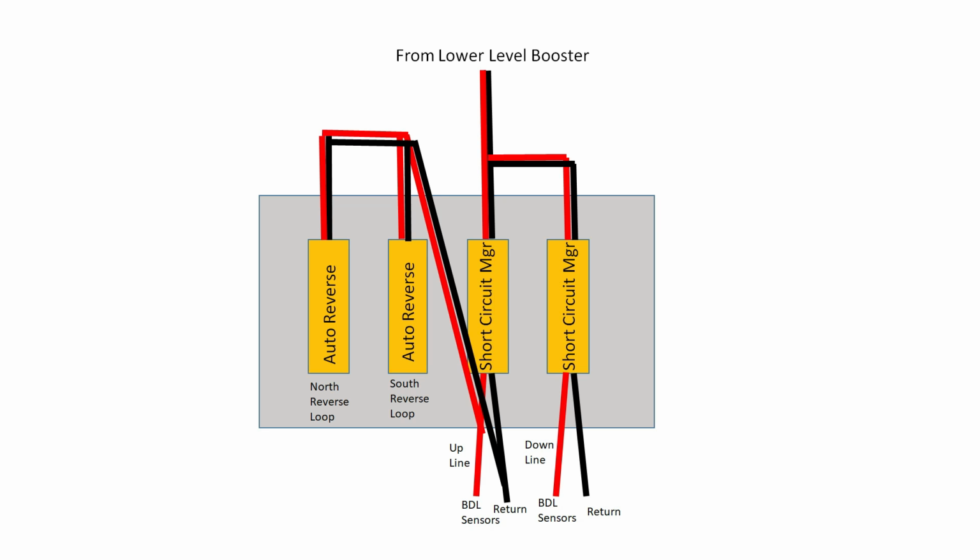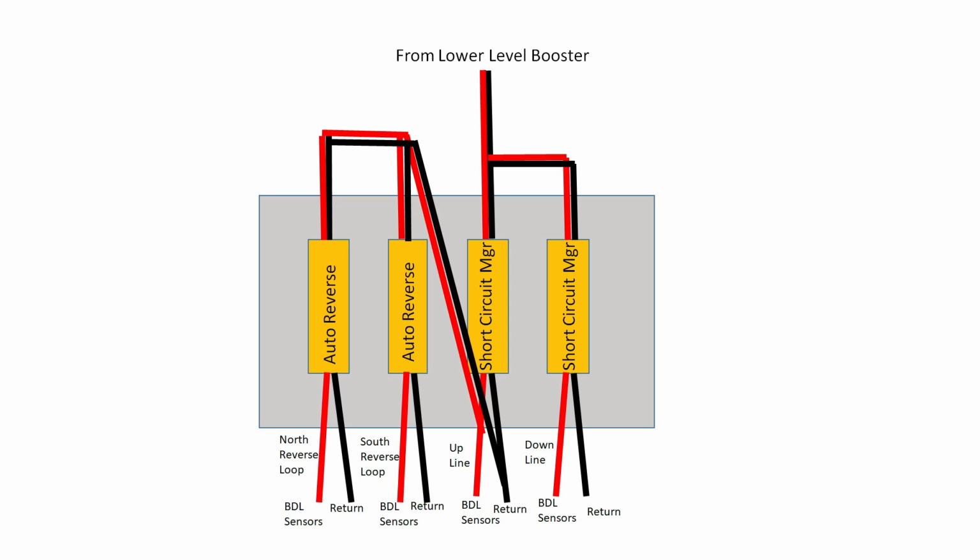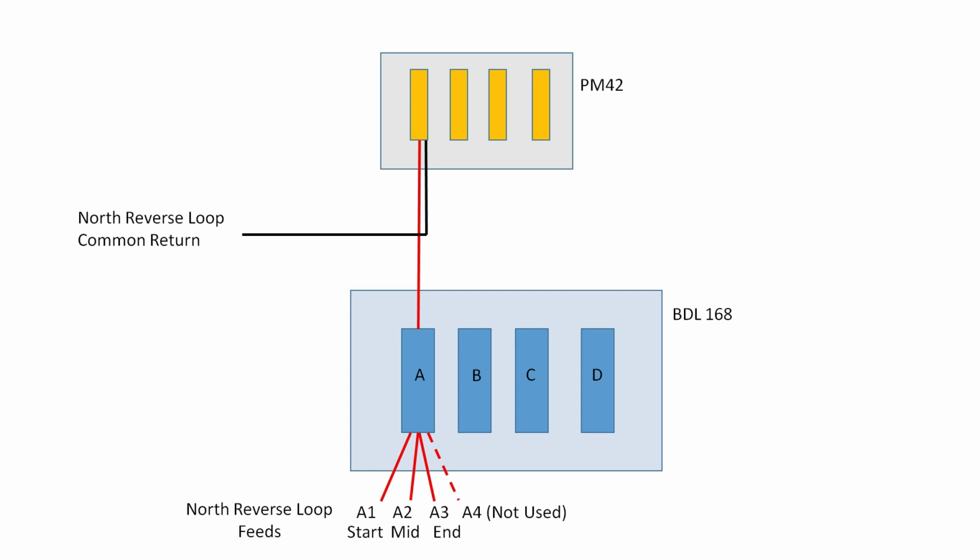The up or inner line output then feeds back into the remaining two PM42 channels, and these have been set up for auto-reversing, one for the north reverse loop and one for the south. Each of these then feeds through one zone of a BDL 168 unit. This again is a very simplified view of a BDL 168.